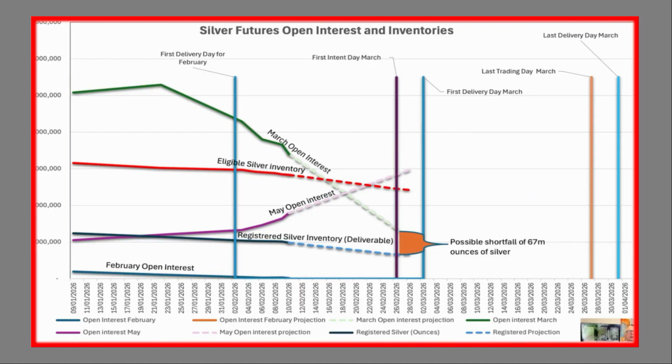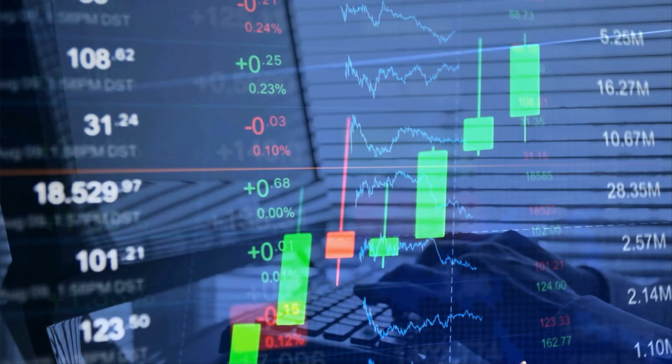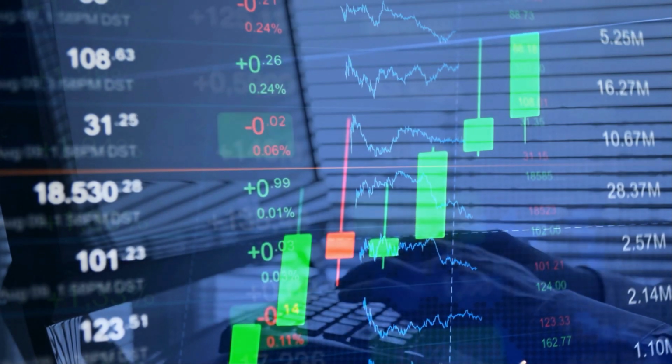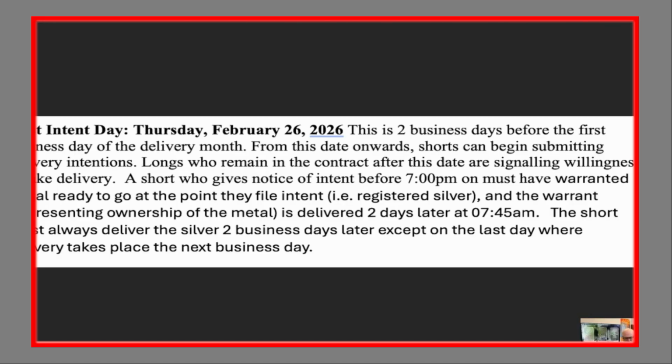Now let's look at the next slide to explain how the delivery process works. The first relevant date is coming up in 14 days' time. Where are we, the 12th? In 14 days' time, 2 weeks, it will be Thursday, February 26, exactly 2 weeks from now.